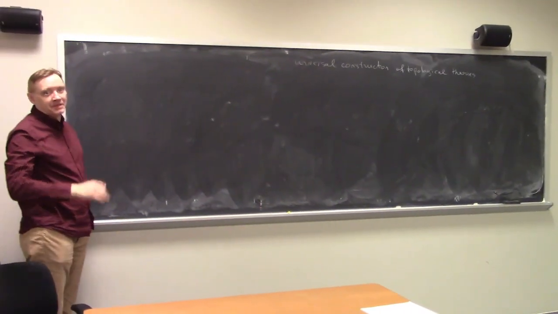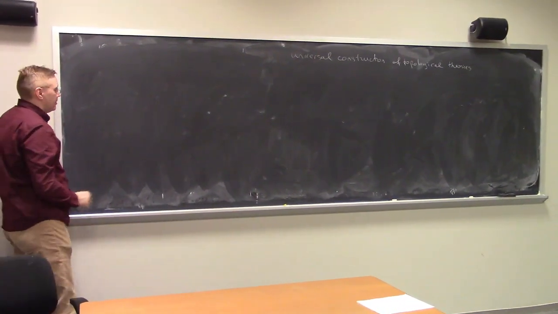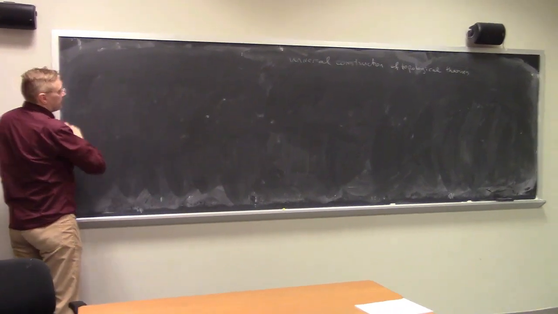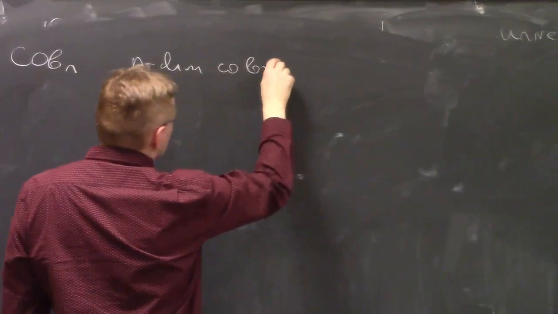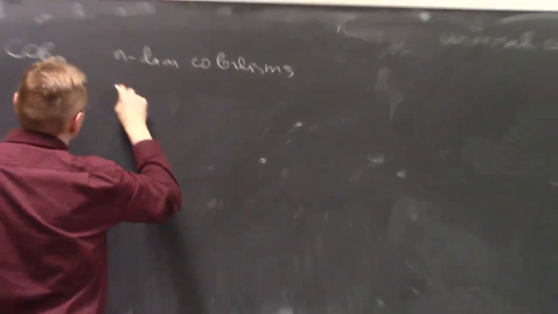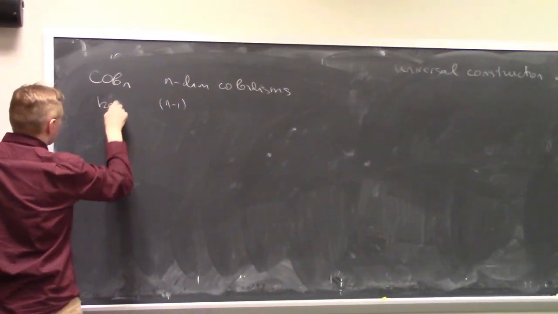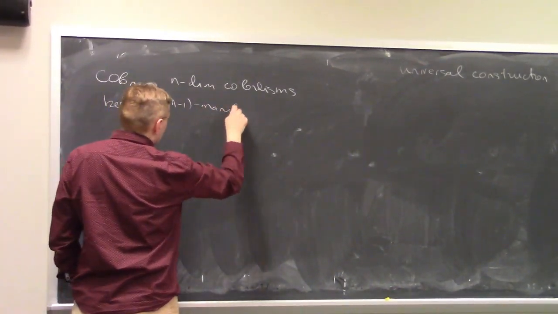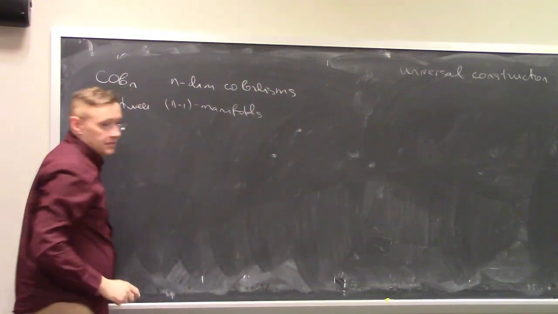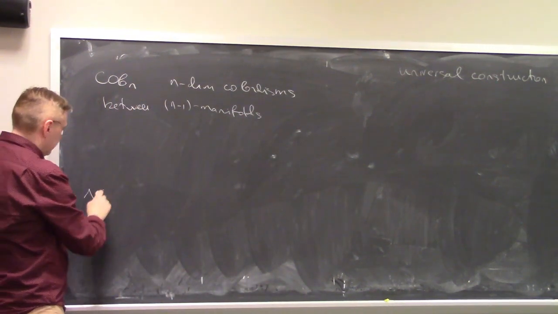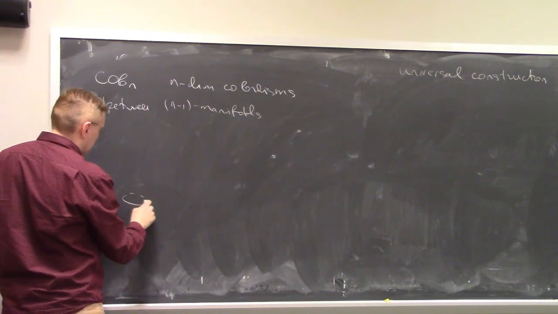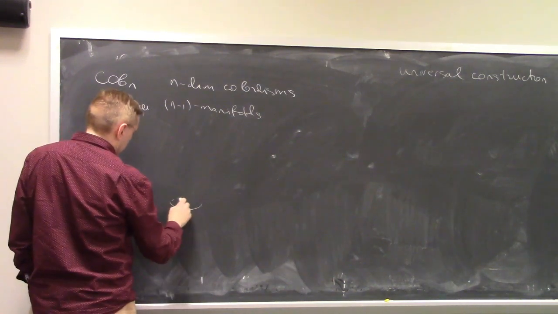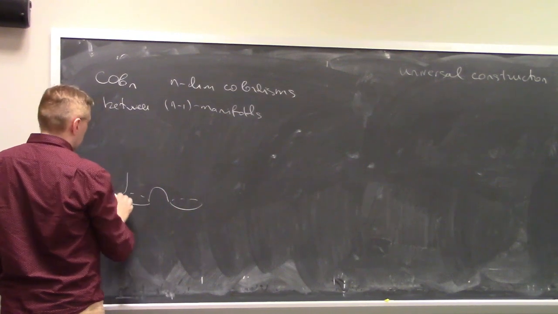So at some point we'll discuss monoidal categories. But for now, let us look at a special case of that: the category, which we call N, of n-dimensional cobordisms between n-1 manifolds. In this category, objects are oriented manifolds of dimension n-1, and morphisms are cobordisms.